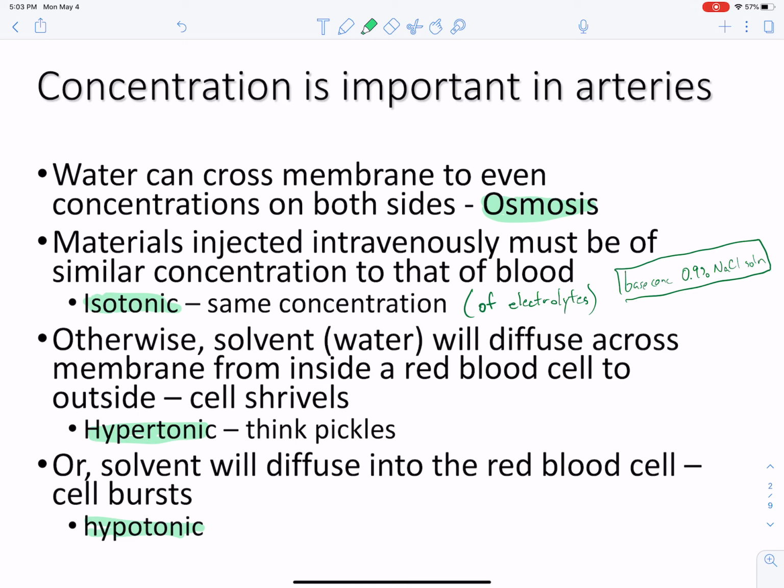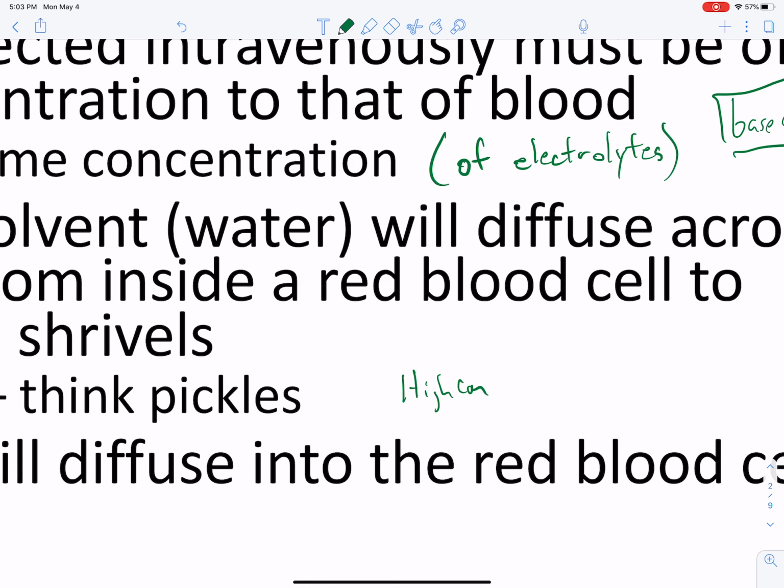So if we have a high concentration fluid solution, so it's a high concentration solution, a concentrated solution.